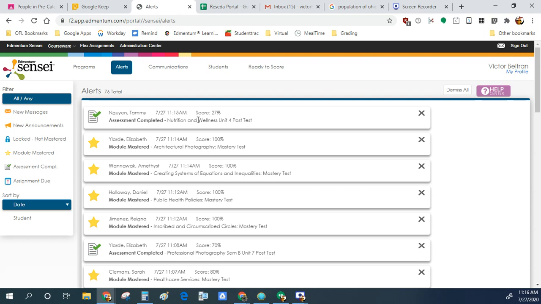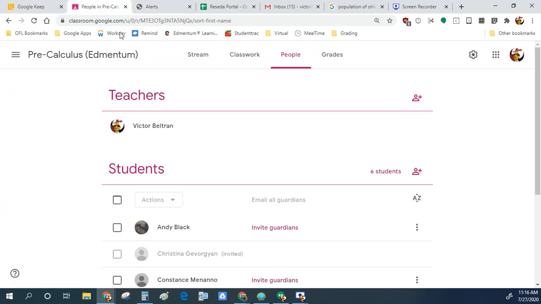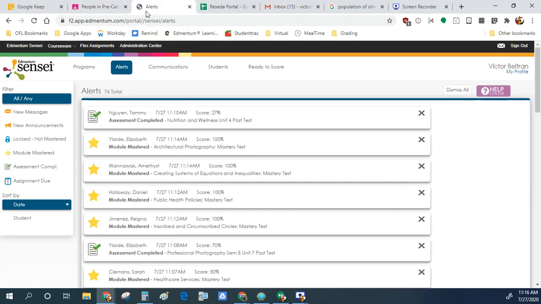That way you can look at my screen and copy down any notes. Like if I'm saying something, like, oh, that's a good way to remember it, you can write that down. Versus if you're going back and forth, like let's pretend that this tab is the screen and you're going, oh, gotta fill this in on Edmentum.